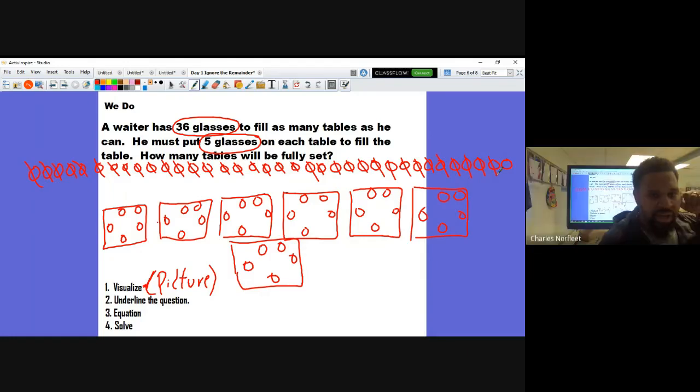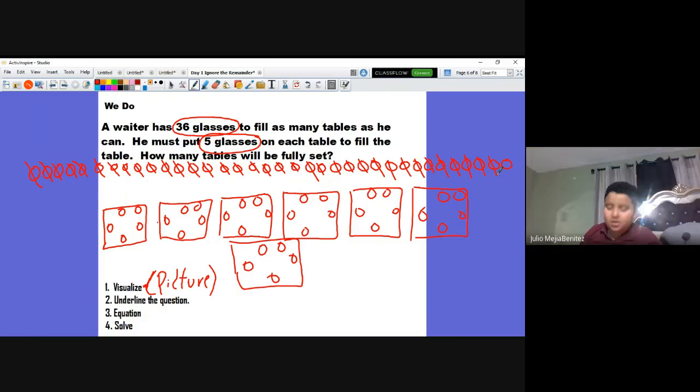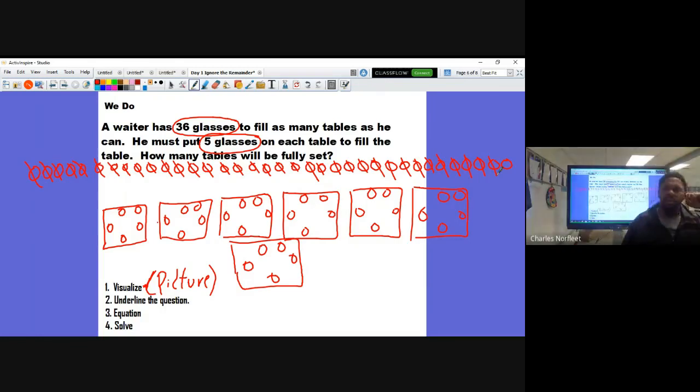Can I do that? No. Why? It says in the problem he must put 5 glasses on the table. This word must is telling you exactly how many glasses he needs to put there.